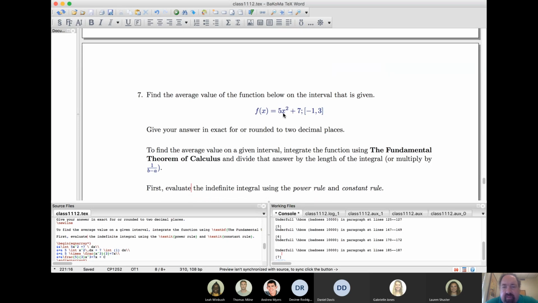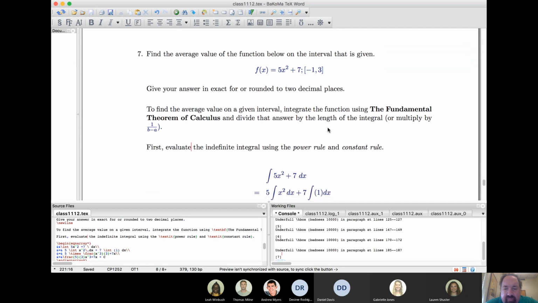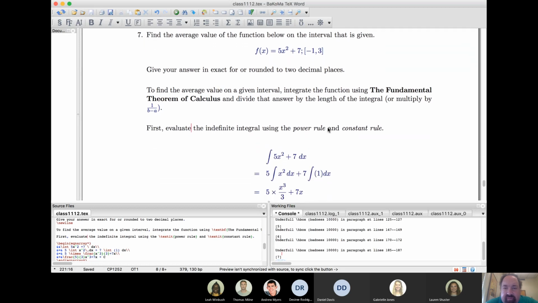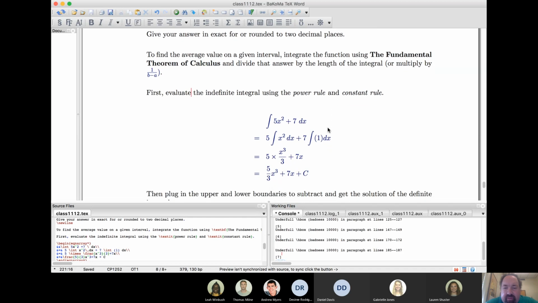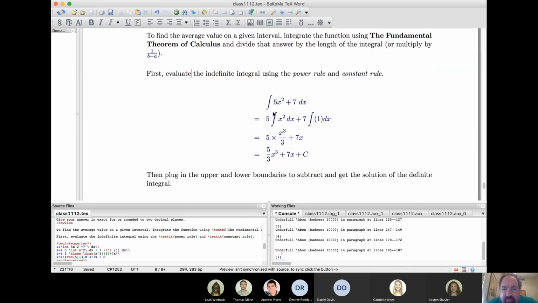All right, here we have an application of a definite integral, which I mentioned earlier: finding the average value of this function on this interval. So with that, we're going to evaluate the definite integral like before, starting with the indefinite integral.